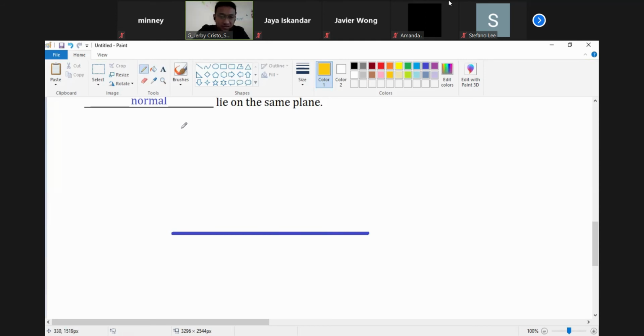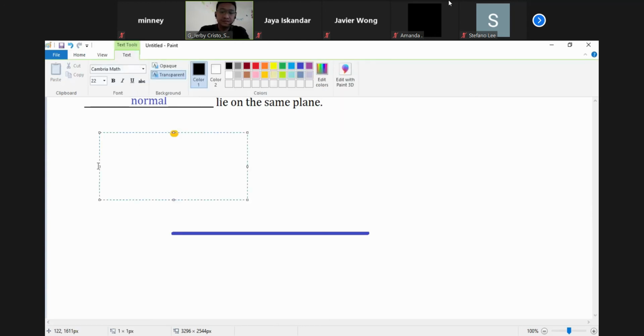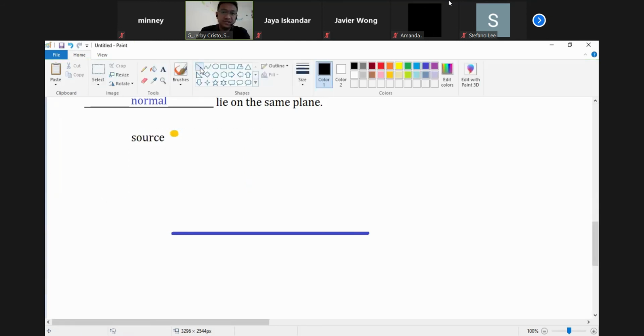So assuming this is the point source, let's say this is one of the light rays emitted by the source.